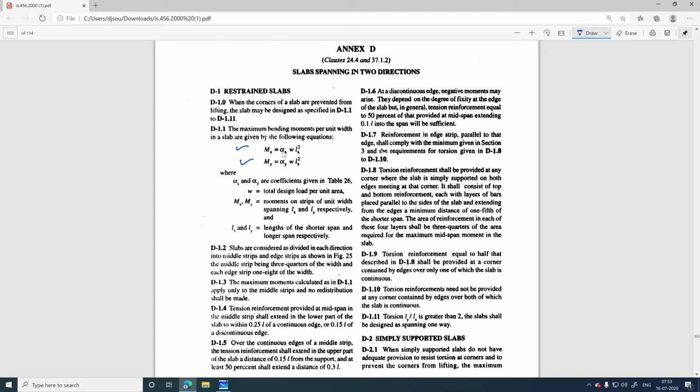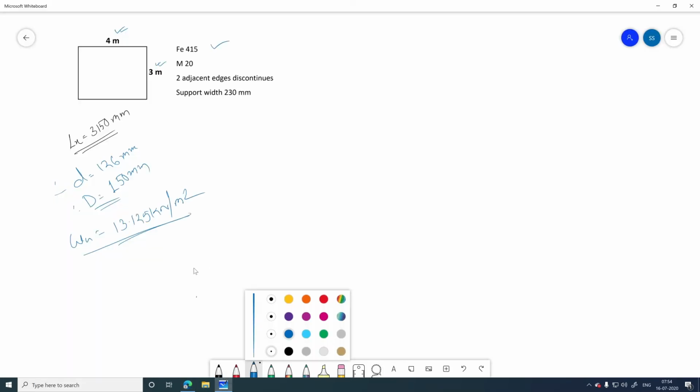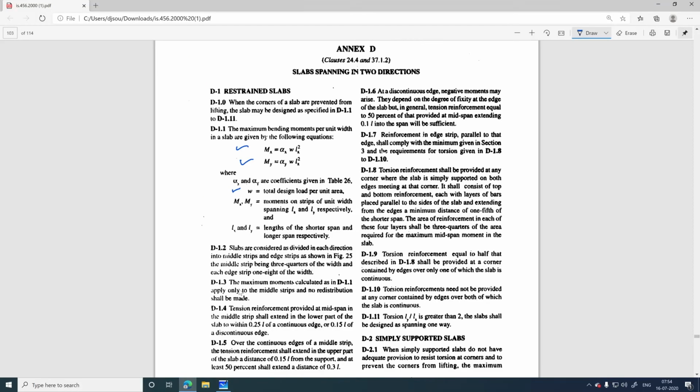What are these values? You can see alpha x and alpha y are the coefficients given in Table 26. So we will go to Table 26. This w is actually the ultimate load, that means the factored load that we have just determined, 13.125. And Mx and My are simply the values of the moments along Lx and Ly respectively.